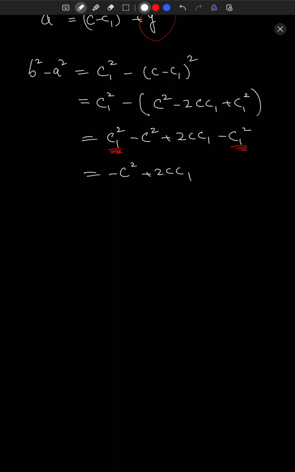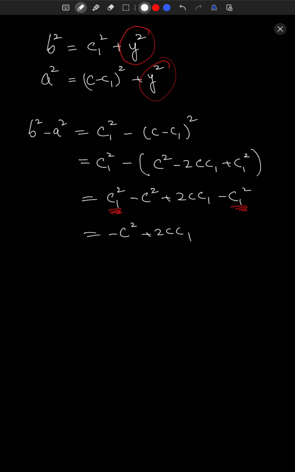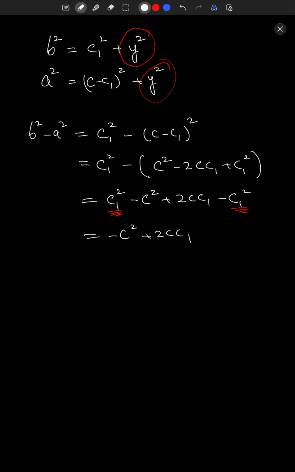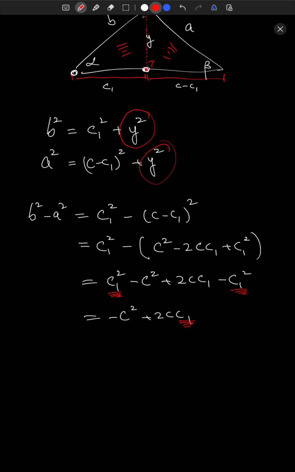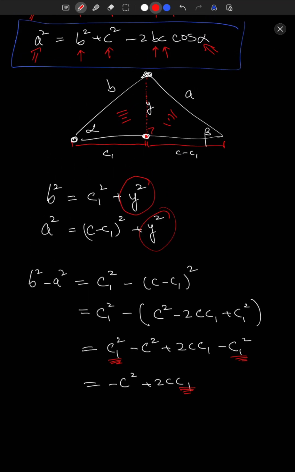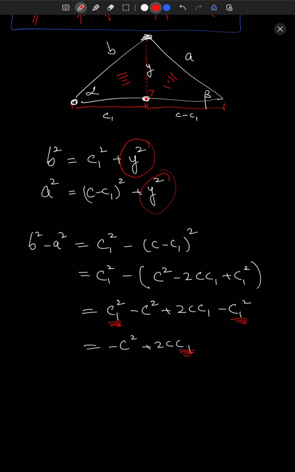I want to deal with the C1 because C1, again, is not a natural quantity in my triangle. It was created by me by dropping this perpendicular, and it doesn't show up in the law of cosines. So I don't want to see it. How do I get rid of it? Well, C1 is this length down here, and alpha is this angle here.